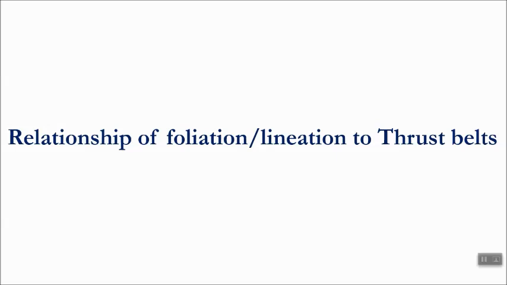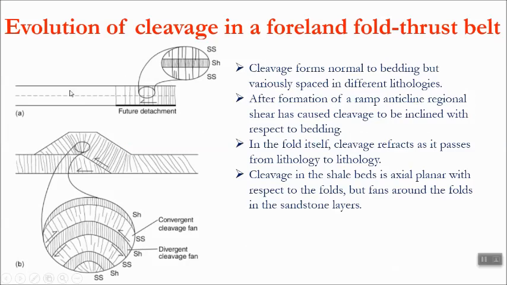This foliation and lineation can give us some idea regarding the thrusting also. Let us consider a case here. In this figure A, we have some bedding, sandstone, base of sandstone and shale. Due to the development of the foliation, we see S1 foliation cutting across the bedding planes.